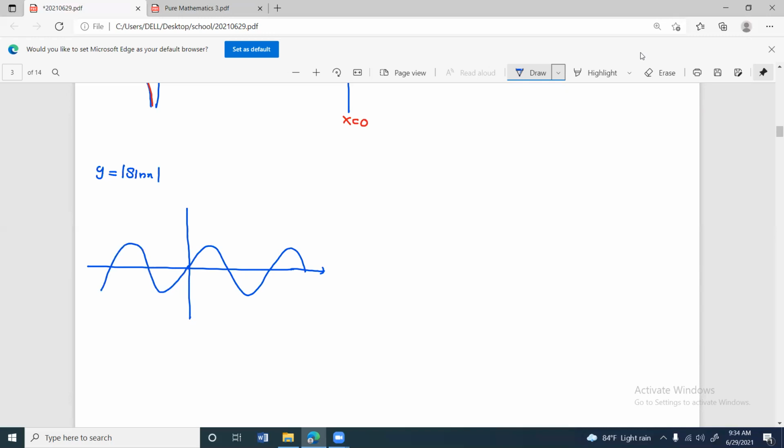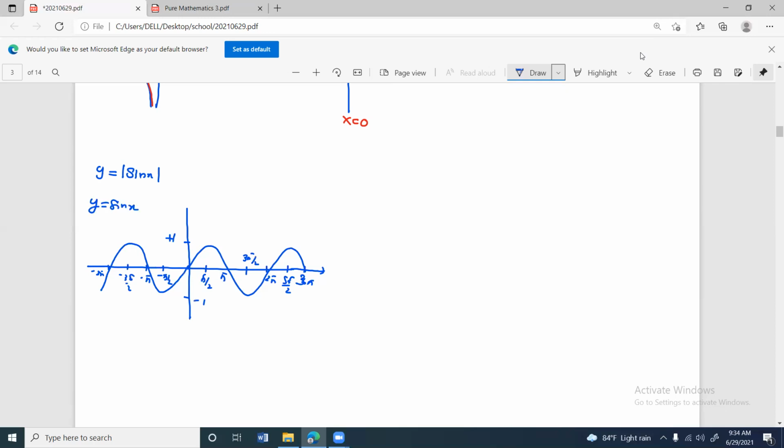So this is pi by 2 and this is pi and this is 3 pi by 2 and this is 2 pi, 5 pi by 2 and 3 pi, and so on it comes, minus pi by 2, minus pi, minus 3 pi by 2, minus 2 pi, and so on it comes. But the maximum value is plus 1 and the minimum value is minus 1. Okay. This is just the y equals to sine x graph.